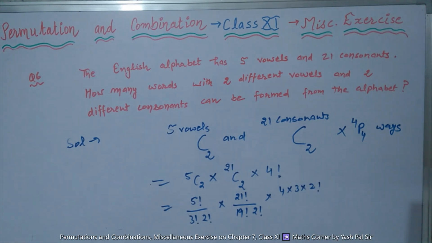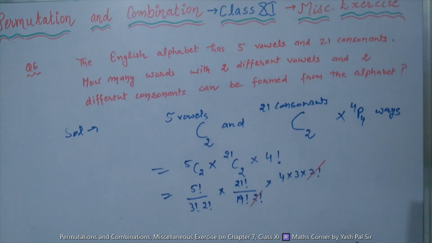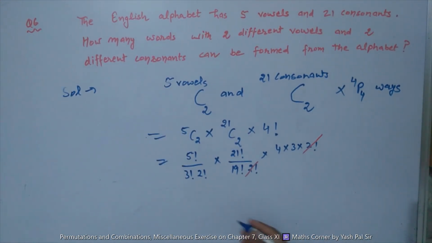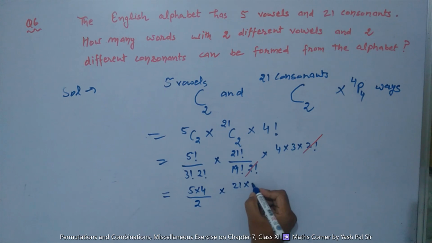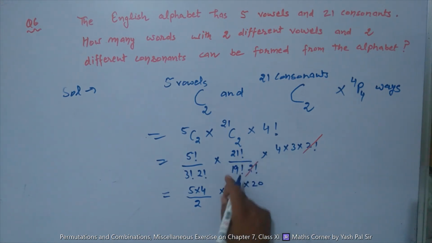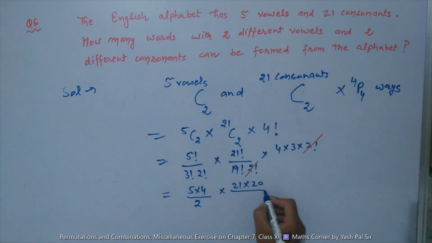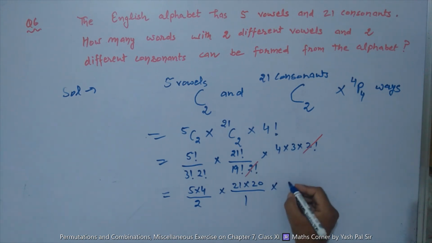Now this 2 factorial is cancelled. So we are left with 5 into 4, 3 factorial cancelled, upon 2, into 21 into 20, 19 factorial cancelled, upon 2, into 4 into 3.